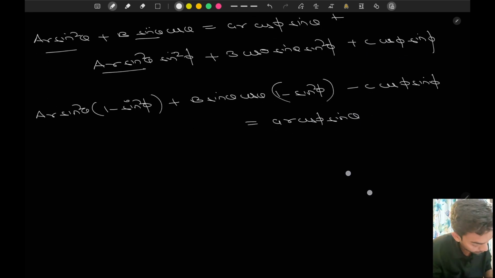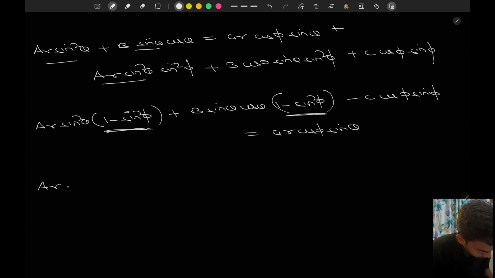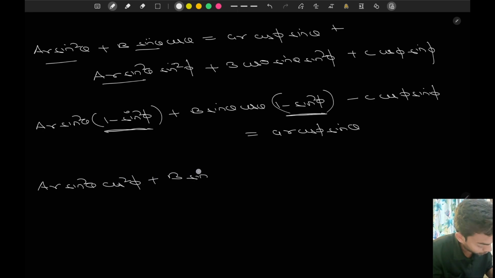And so 1 minus sine square phi is cos square phi. So we have AR sine square theta cos square phi plus B sine theta cos theta cos square phi minus C, this is capital C, cos phi sine phi is equal to AR cos phi sine theta.